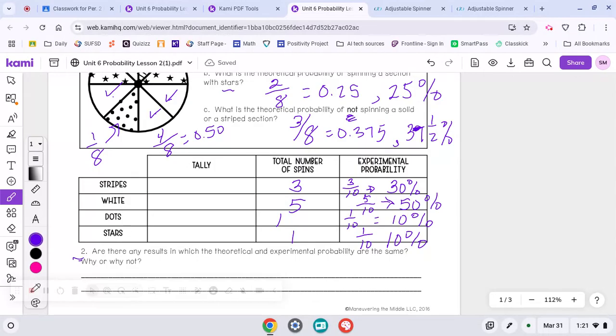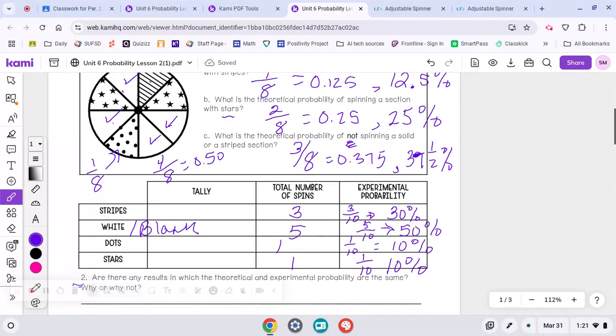And actually, for the blank or the white spots, we had 50% theoretical, and we actually had 50% for the experimental.